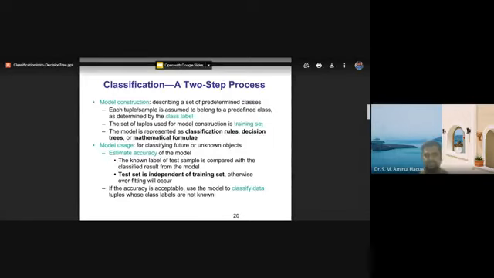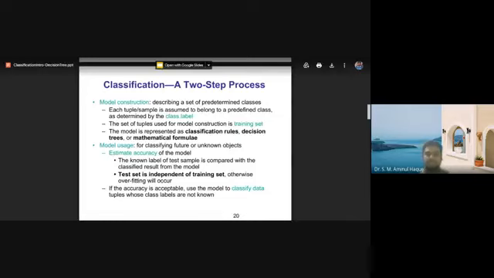So what happens in model construction? We basically train our model using a suitable algorithm. In the second phase, we do model testing, because when you build a model, we have to test how good it is.